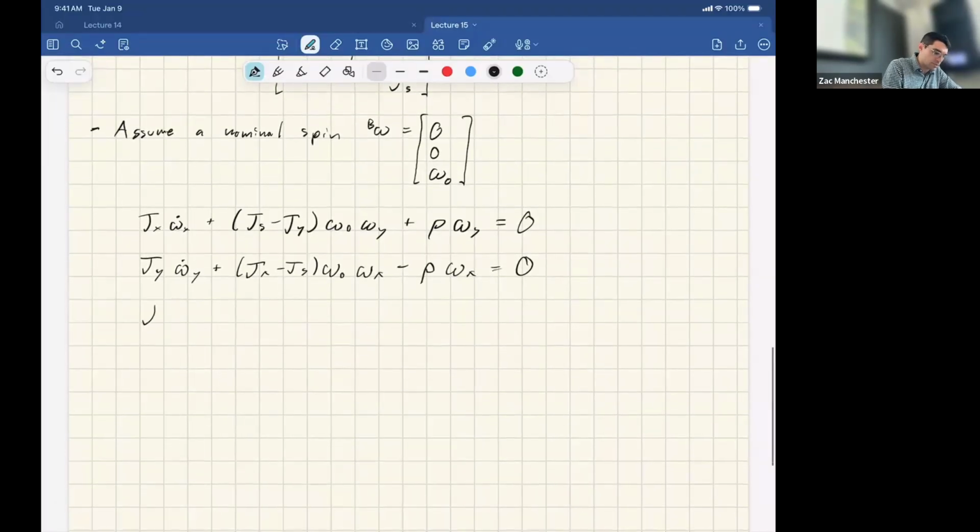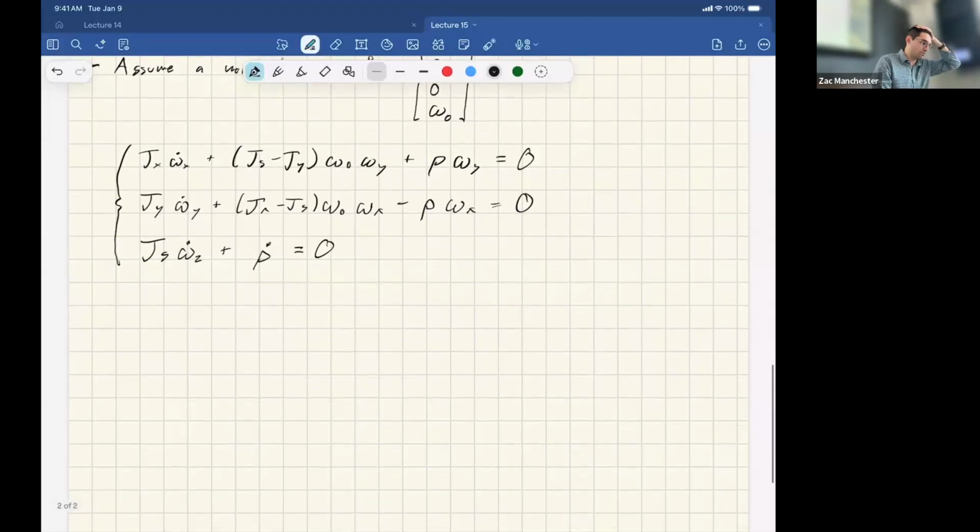And then the spin axis is really easy. Okay, so this is our three gyrostat equations in components. If I look at this real quick, very obviously, the spin axis equation is trivial and decouples from the other two.